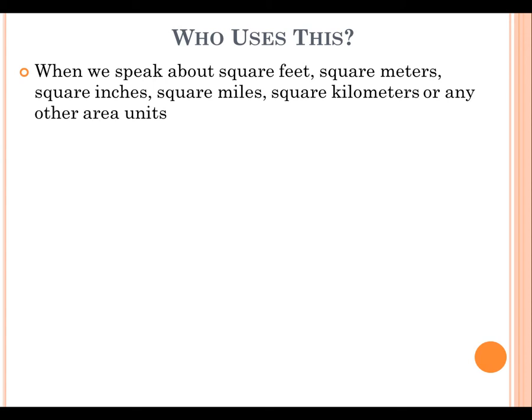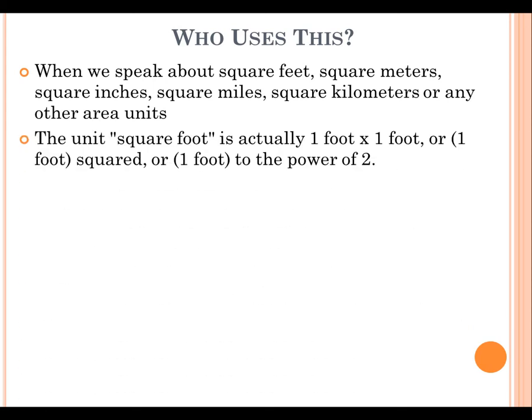In Dr. Hightower's message for canceling school last Wednesday because of the cold, he talked about how many square miles the district covers, and it was 86, I think he said. 86 square miles. The unit square foot is actually 1 foot by 1 foot, or 1 foot squared, or 1 foot to the power of 2. Now that term, to the power of, is something that we'll get into right now.